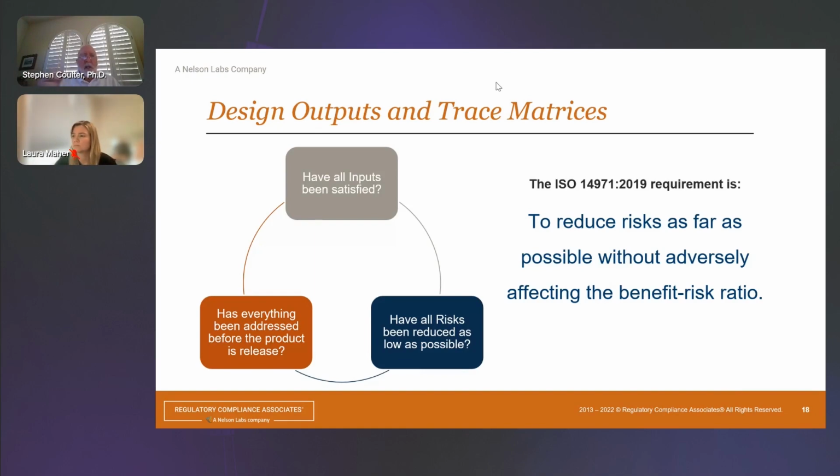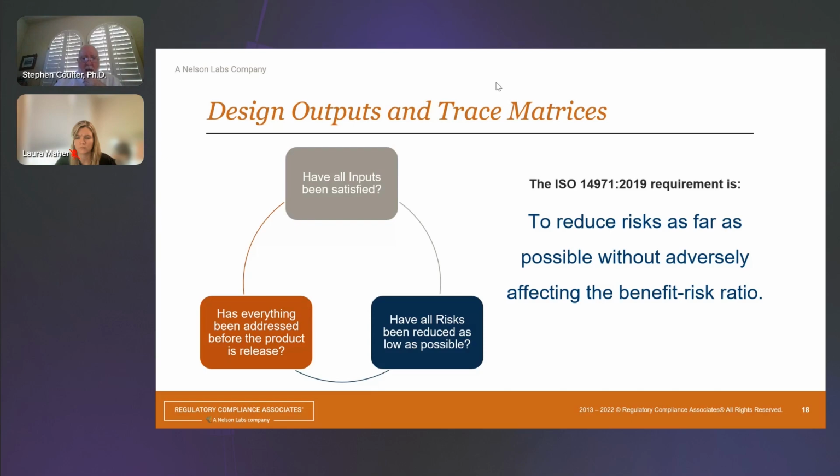When I go from design inputs, I go through the design phase, and I've now made my products. Design outputs is the characterization and the listing of all the characteristics of my product. It's the basis of creating manufacturing specs. We do trace matrices of these to make sure the outputs match the inputs, to make sure that the use of the product in human validation trials actually matches the user needs that we wanted.